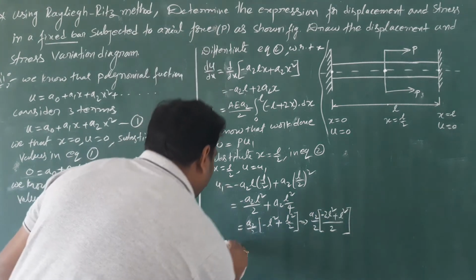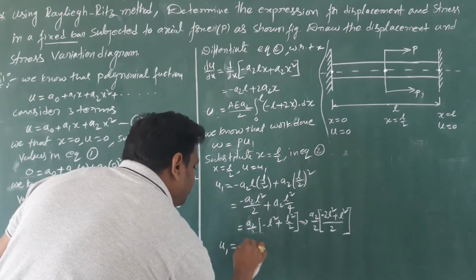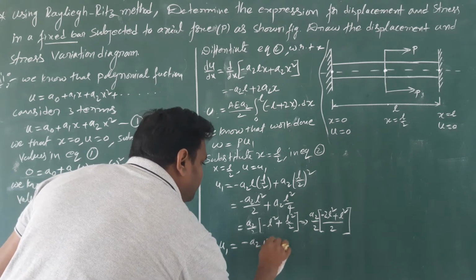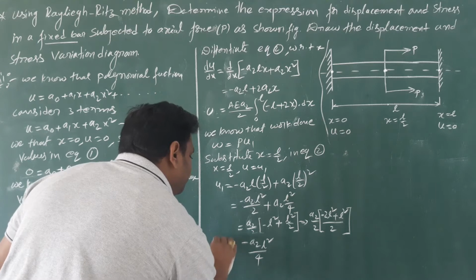So finally U1 will become minus a2 L square by 4.